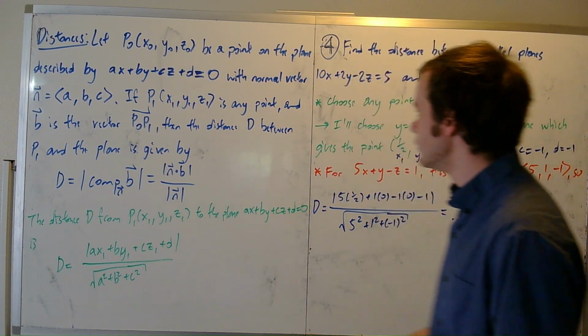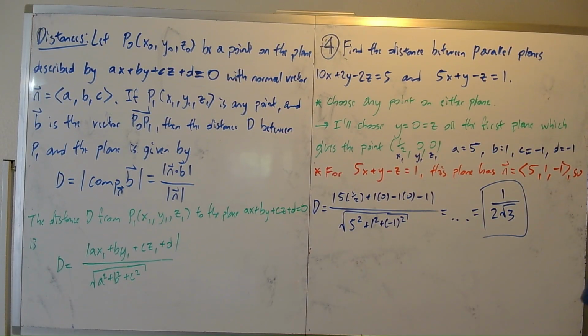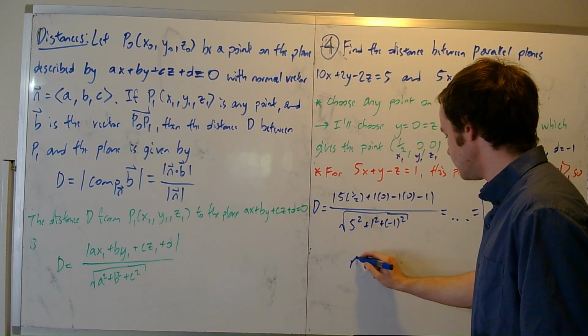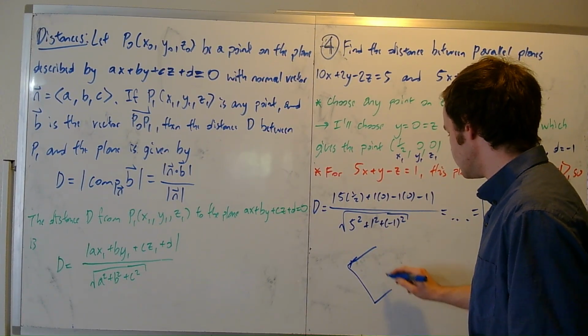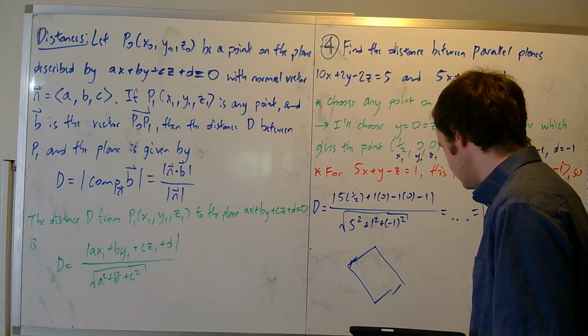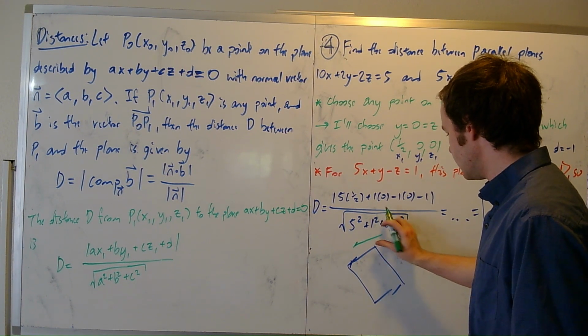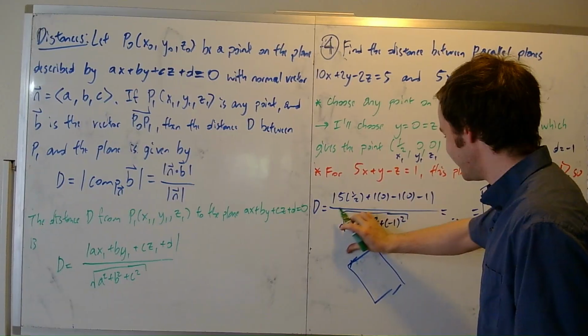Okay. And the reason why it didn't matter which point we picked on the plane as P1 is the fact that they're parallel. So if you imagine two parallel planes, let me draw two parallel planes. This is getting difficult. Sorry.